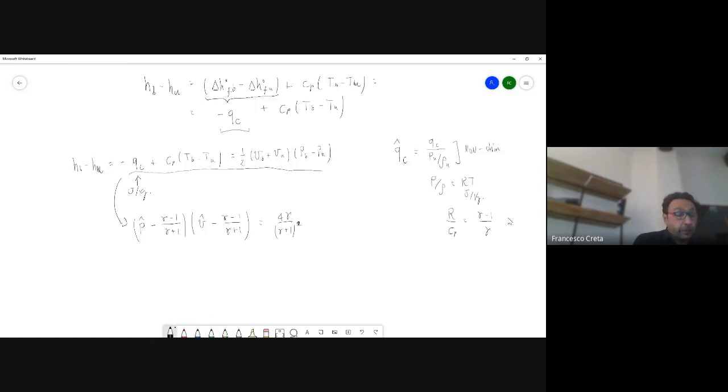This is a squared plus 2 qc hat times gamma minus 1 over gamma plus 1. So you can put a box around this. This is the final expression of the Hugoniot curve.